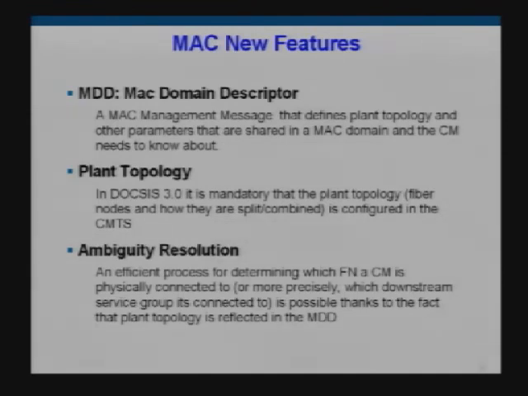But this MDD message plays a key role in helping them do the ambiguity resolution and finally find out the right fiber node and set up the downstream and upstream channels which are available for them. Again, the plant topology plays a key aspect, and resolving the plant topology and ambiguity resolution is done through the MAC domain descriptor message.